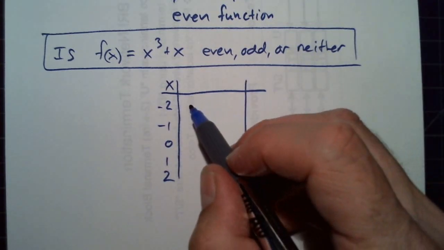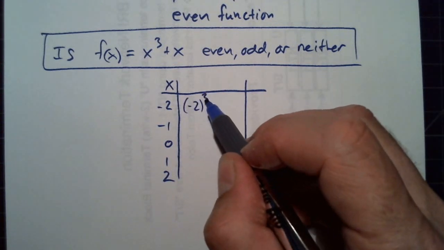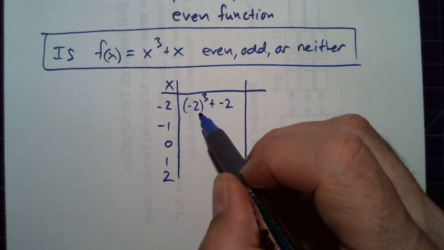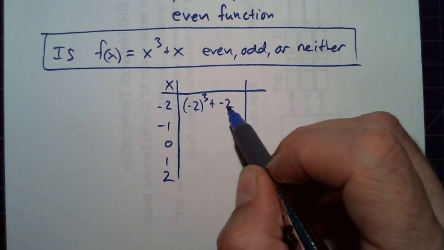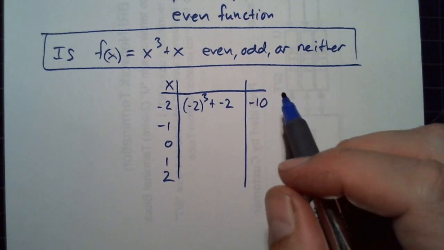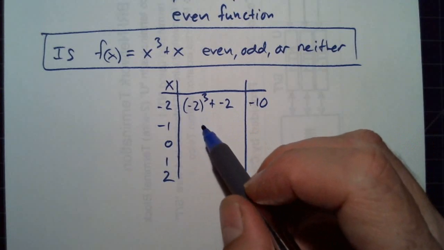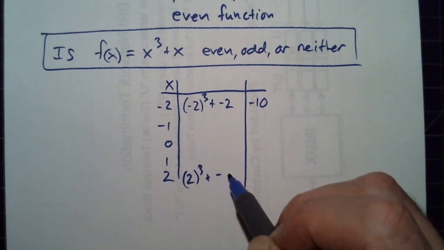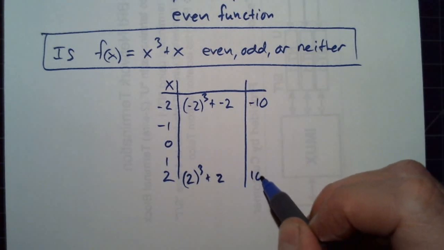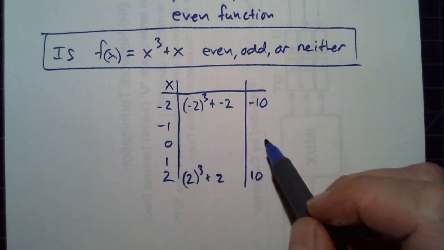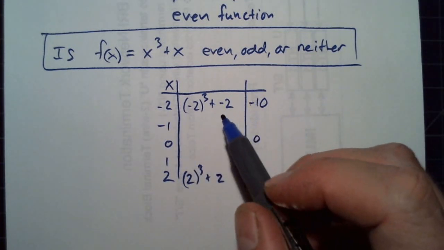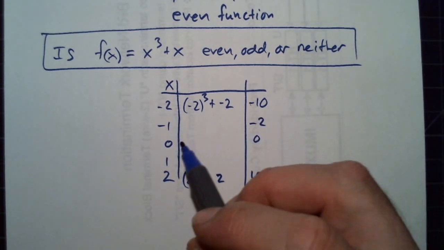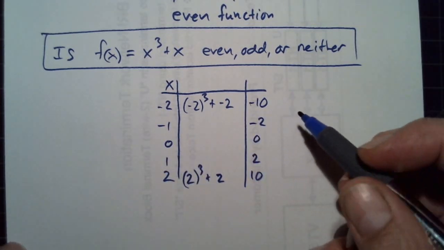So here we're going to have -2 cubed plus -2, and we'll have -8 minus 2 is -10. Down here, if we did a 2 cubed plus 2, we'll have +10, and 0 gives us 0. 1 would be a -1, that would be a -2, and here's a 1 plus 1 is 2.